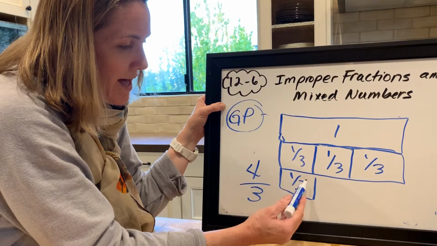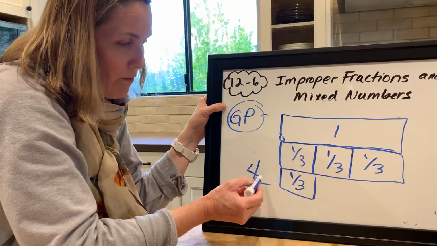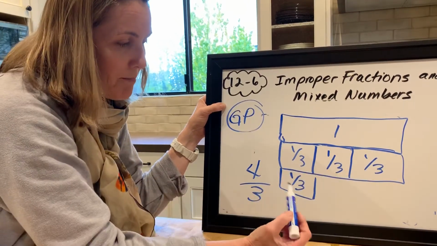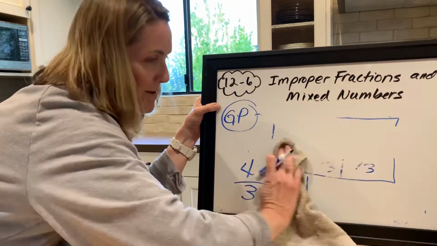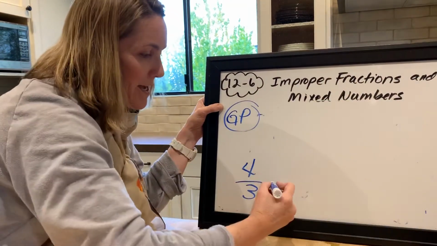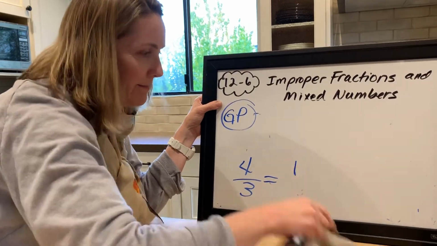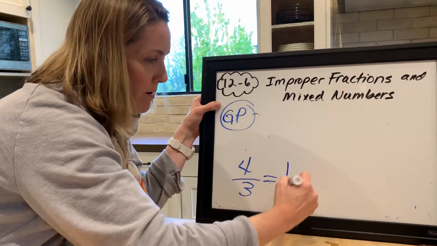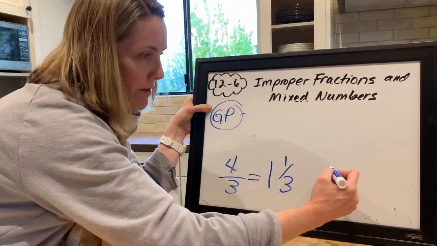So in this case, how many thirds do you see? Well, there's 4 1/3. It's already shown to us. But if you were to translate that into a mixed number, it would look like this. It would look like 1 whole and 1/3.